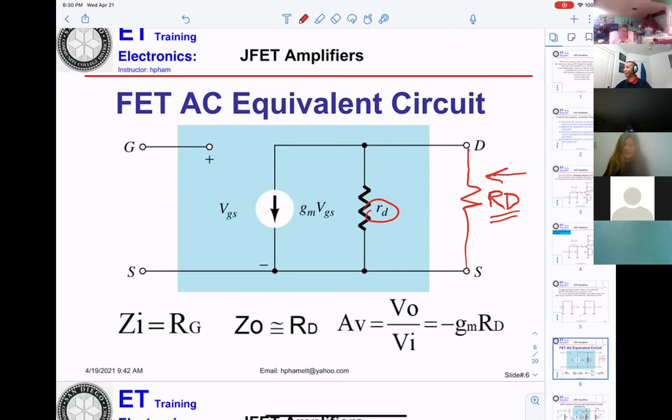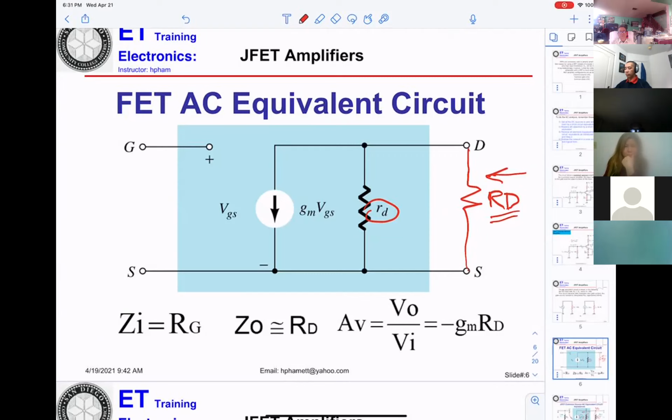And typically, when we parallel two resistors together, the answer is usually the smaller one, correct? The answer will be the smaller value. So big RD is a lot smaller than little rd. Therefore, the little rd is insignificant. In other words, we don't need it.